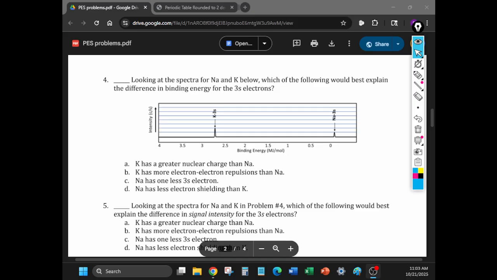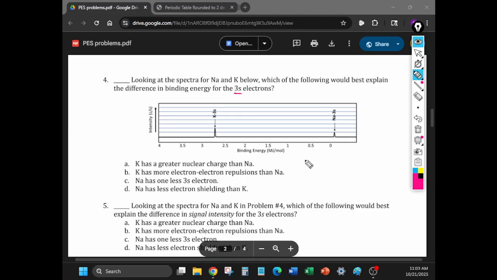Alrighty, guys, let's talk. So this question was actually kind of seeing if you're paying attention and reading the question carefully. So if we take a look at Na and K, the question is asking us about this spectra. We're comparing the two. However, we're specifically talking about 3s. Okay, now, why is this important?